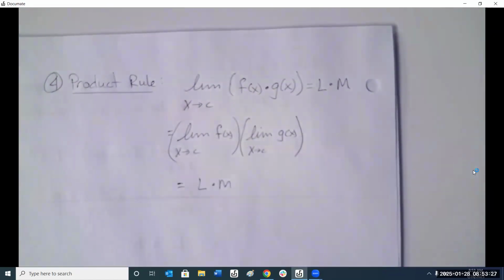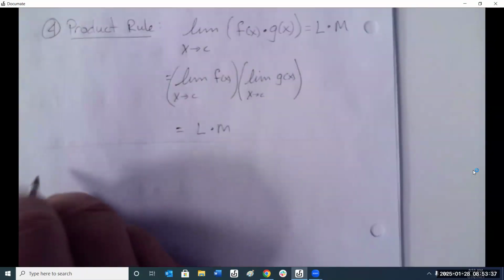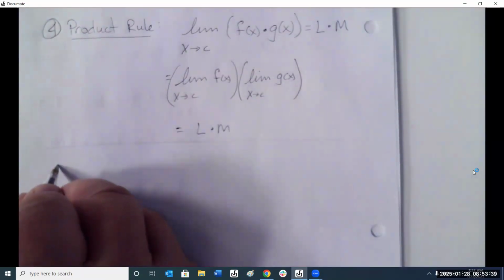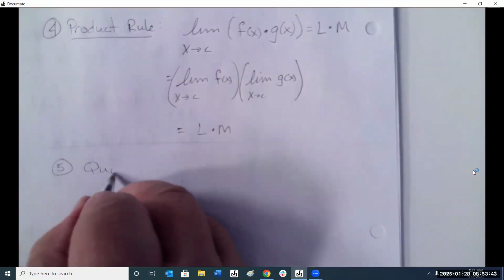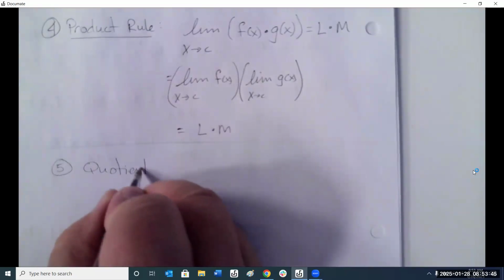What do you think the next one's going to be? We did the addition, subtraction, multiplication. This is going to be the division one. This is the quotient rule.